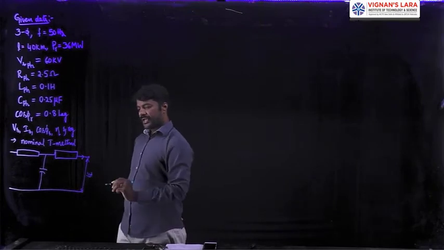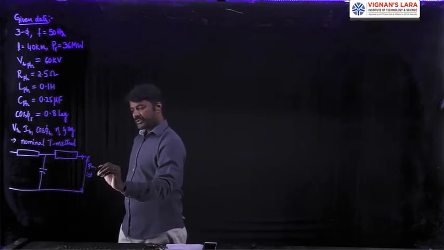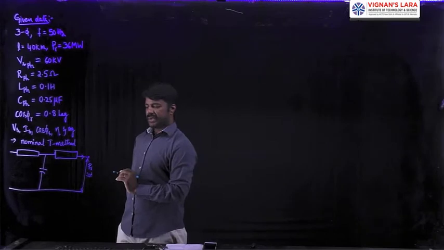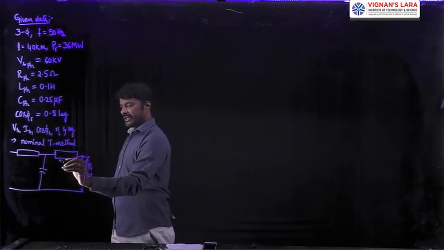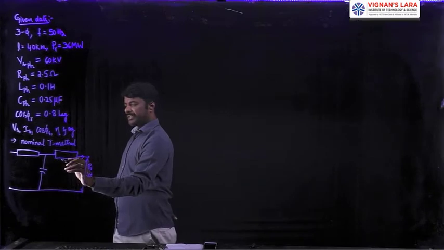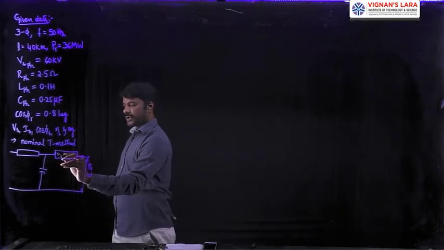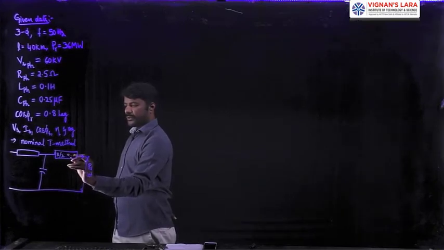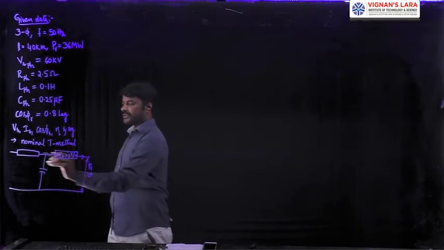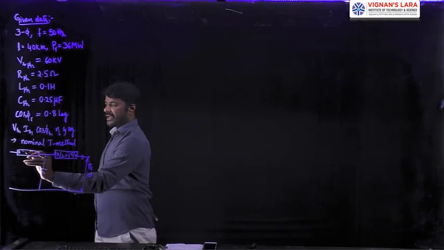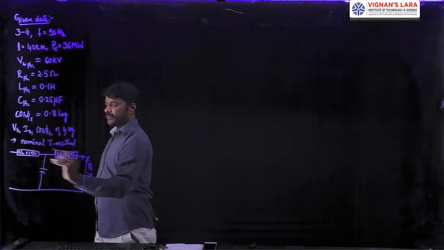IR needs to be calculated. Power PR is also given for three phase. It is 36 megawatts. The length of the line is 40 kilometers. And here you can calculate the Z by 2. Your objective is now to calculate R by 2 plus j X by 2. Here also the values are R by 2 plus j X by 2.